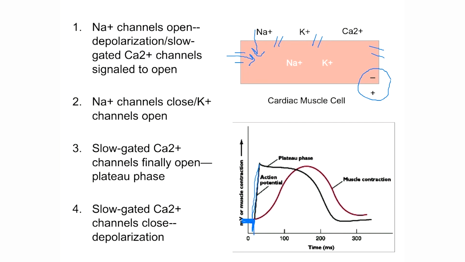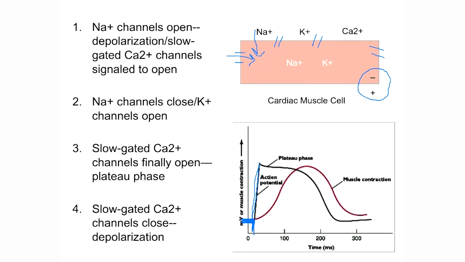However, remember, we also have calcium channels in cardiac muscle, and sodium channels in skeletal muscle and cardiac muscle are also sometimes referred to as fast-gated sodium channels. The reason for that is these sodium channels, once they're told to open, they open very rapidly and they close very rapidly.